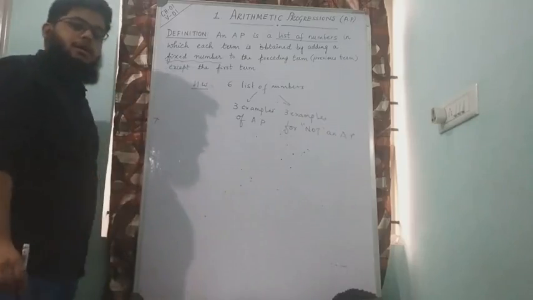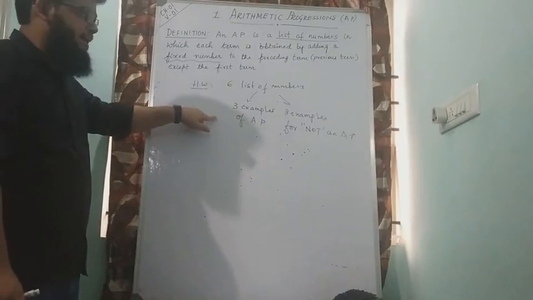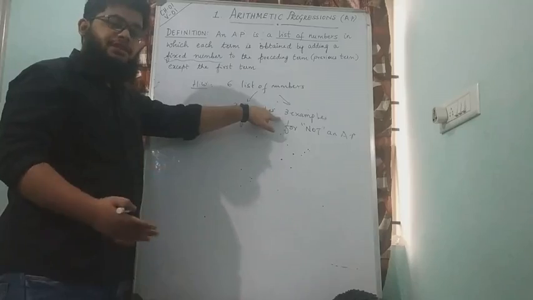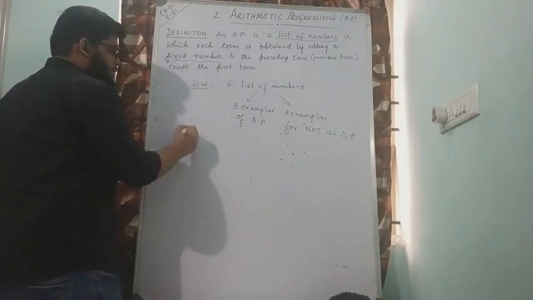Okay? And to do that, what should you do? For the AP examples, the common difference should be the same every time within each list, and across the examples the common difference should be very different. I'll show you one example.